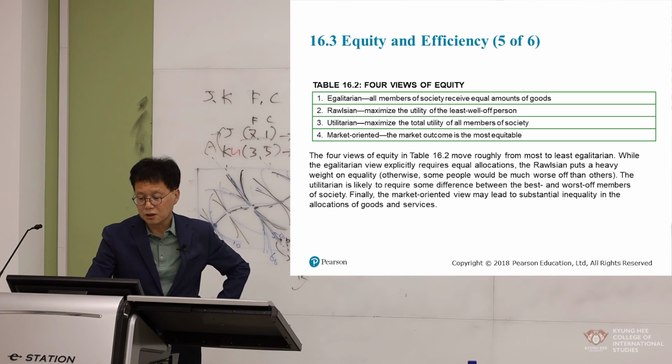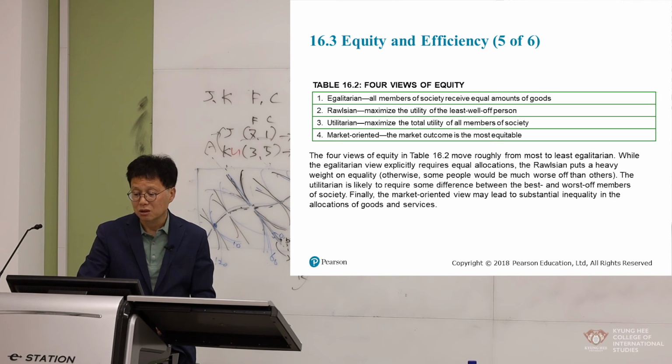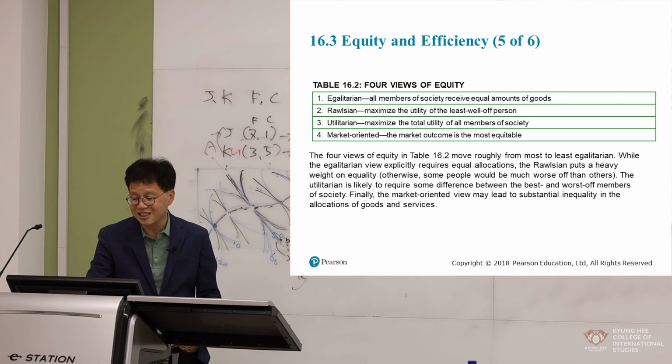So, table 16.2 summarizes four views of equity. Number one, the egalitarian view. That is the socialist view. All members of society receive equal amounts of goods, consuming the same amounts of goods. The Rawlsian view is to maximize the utility of the least wealthy person, the utility of poor people. Right? The third approach is utilitarian. Maximize the total utility of all members of society.